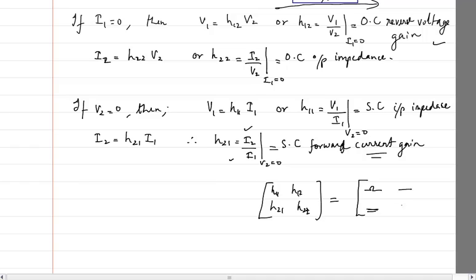And the last one, H22, is output, this is not impedance, I'm sorry, this is admittance. Please make that change. This is open circuit output admittance, so the unit is mho.